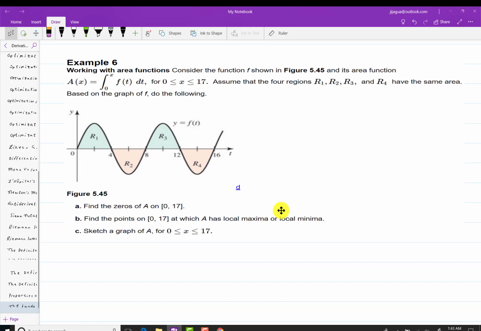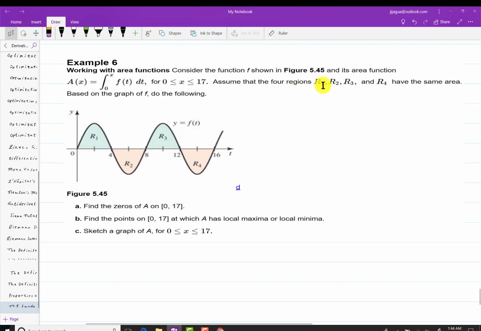All right, here's an example from the textbook that I've decided might be useful. I've stretched it out so I can see it, so that's why the letters look so strange. But we have the graph of f of t dt, and it says that capital A of x equals the integral from 0 to x of f of t dt, where x is between 0 and 17, so it must end somewhere out here.